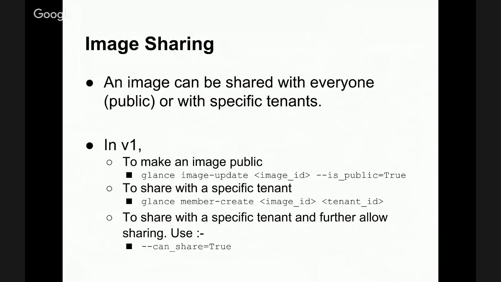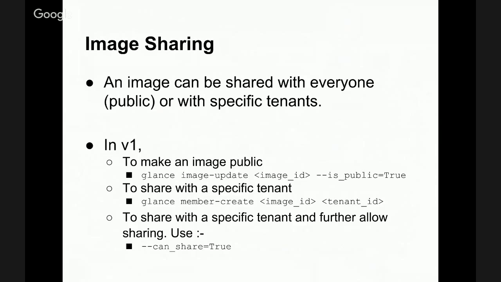After this, I want to talk about the image sharing aspects in Glance. An image could be shared with everyone in your cloud or with specific tenants or users. These are the privacy features of an image.